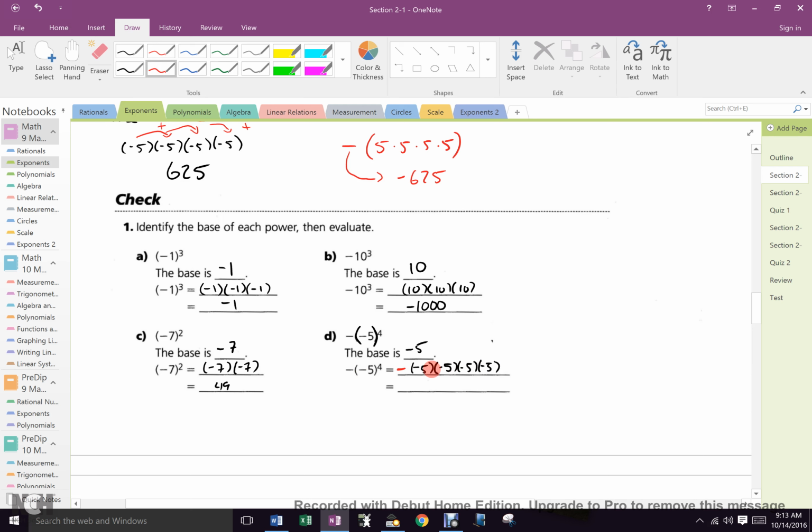So even though we know that this part is positive 625, what do we got to remember? That there's a negative in front of it all. Do you guys get that? It's really, really subtle. And a lot of people make a mistake. I'm not going to say who, but I have taught with math teachers that screw this up.